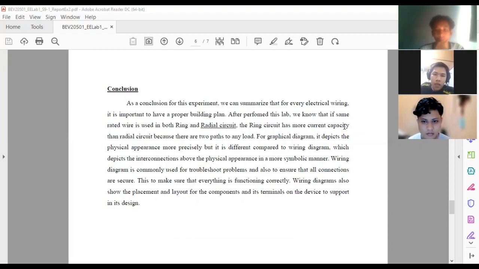This is to make sure that everything functions correctly. A wiring diagram also shows the placement and layout of the components and their terminals on the device to support its design. So that's all for the conclusion of the experiment.